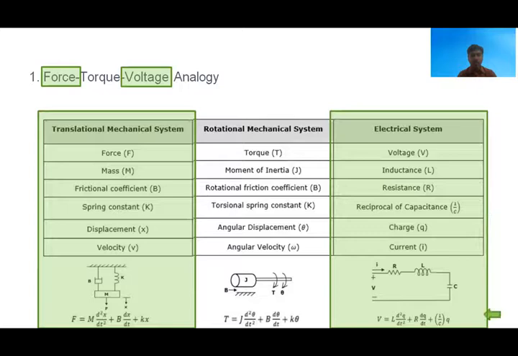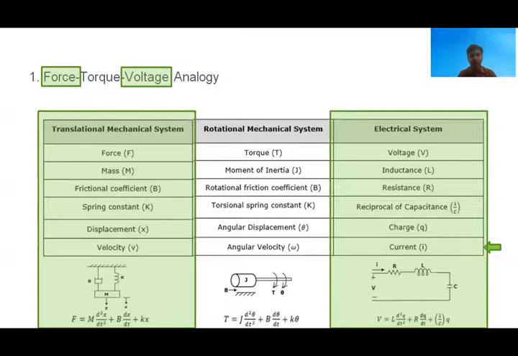And the response displacement of the translational system is analogous to the charge flow in the electrical circuit. And the velocity, that is the dx by dt term, is equal to dq by dt, that is equal to current in the electrical system.